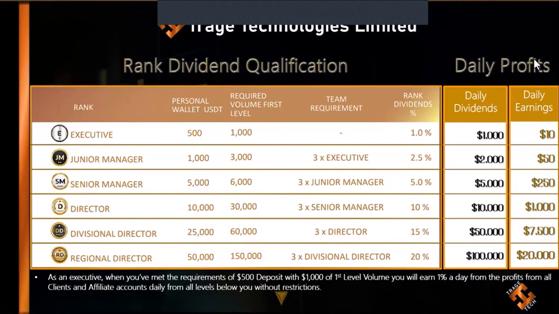So 1% of 100,000 is what? Is that like $1,000 a day? Because people referred other people and referred other people and referred other people. So $1,000 a day times 30 is $30,000 a month. What? Yeah, it's like that.